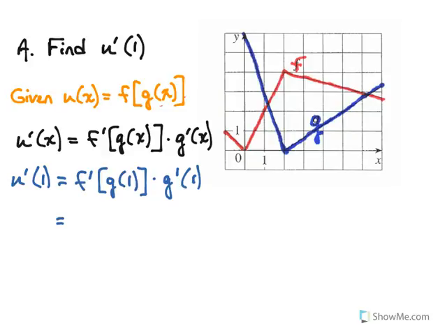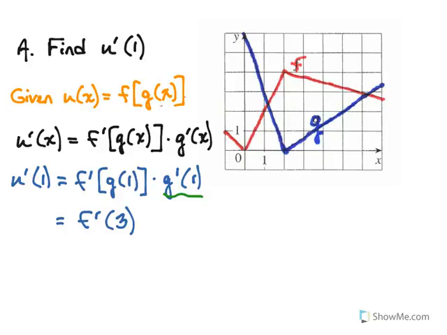Now, starting in the square brackets, g of 1, that is just the function value of g when x equals 1, which looks like it's 3 in this case if you take a look at the graph. So that means we have so far f prime of 3. Now, the next part we need right here is g prime of 1.